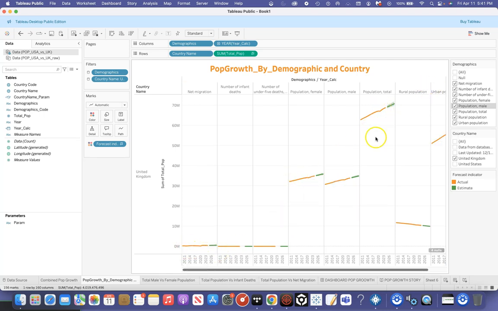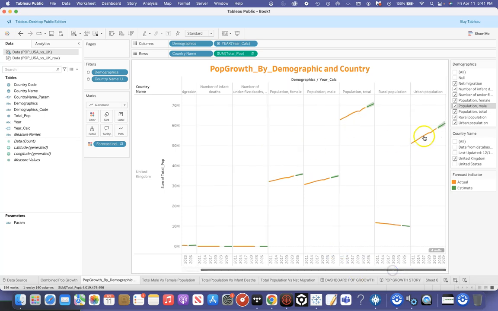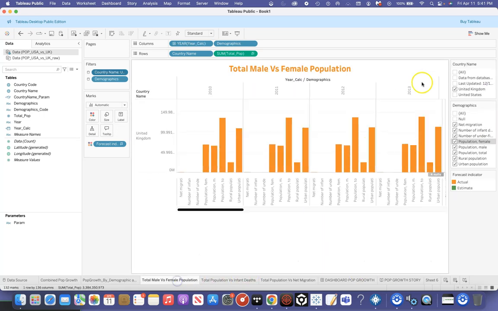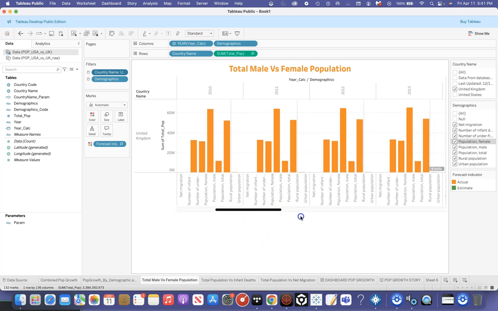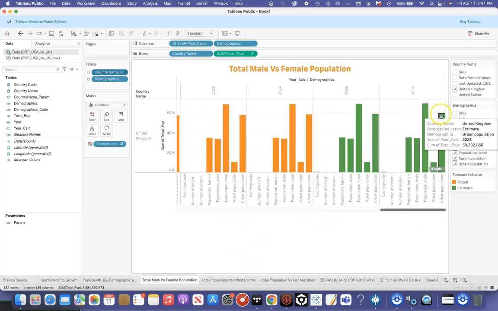Is it a steady increase? Is there a decline? Here you can see decline at some points for some demographics, and then you have increases, as well as the projection or the forecast for this demographic population. And then the next one is just the male versus the female, and also the projection or the forecast.